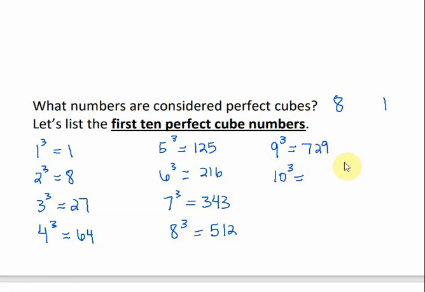And 10 cubed is 1,000. So those are the first 10 perfect cubes.